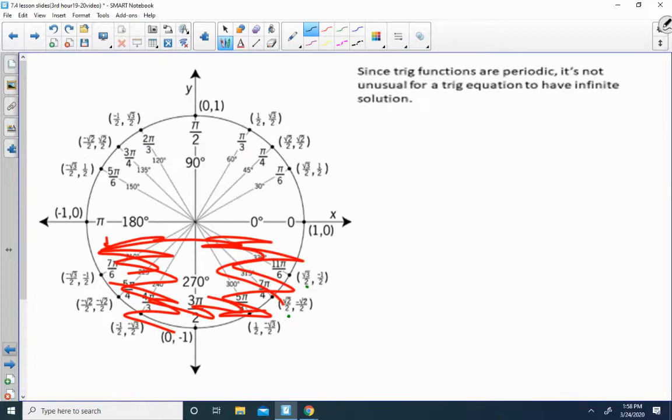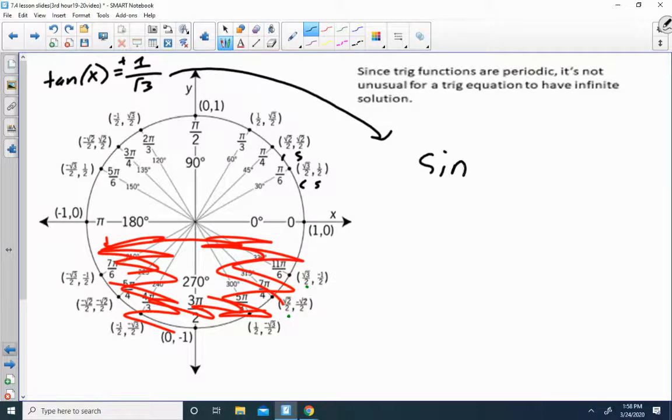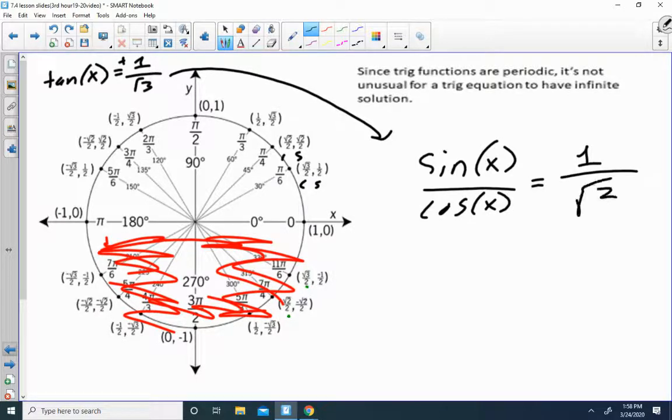Okay, let's go back to the unit circle. So again, we're trying to find when tangent x equals 1 over root 3. And also recognize it's positive. That should be a hint here. And also, you might want to realize that, again, the unit circle only uses cosine and sine. It doesn't use tangent. So maybe we should rewrite tangent. And if you remember, tangent is the same thing as sine over cosine, which does give you 1 over root 3.